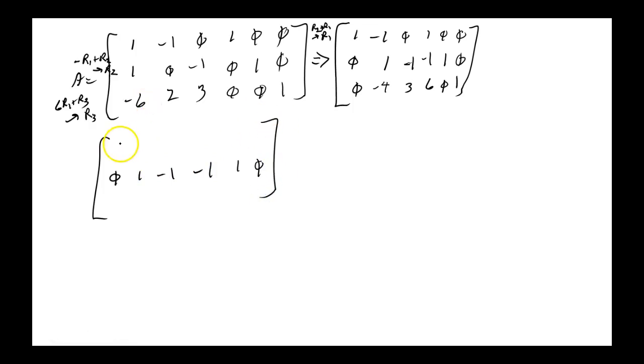Okay? New row 1 will be 1, 0, negative 1, 0, 1, and 0.